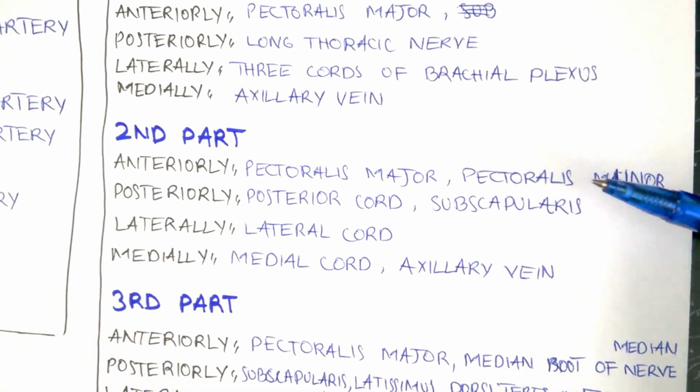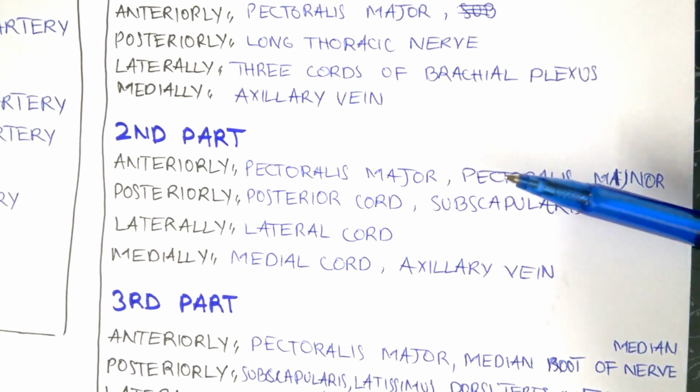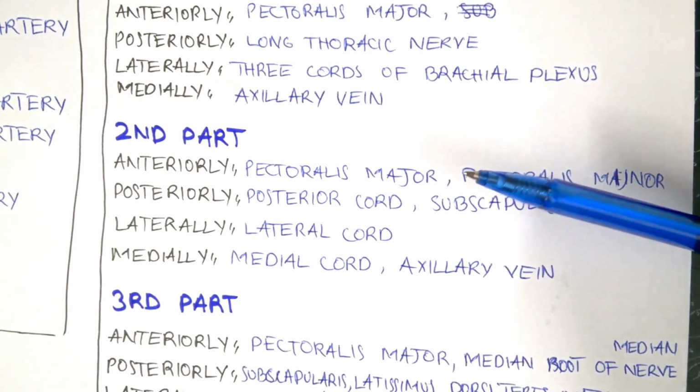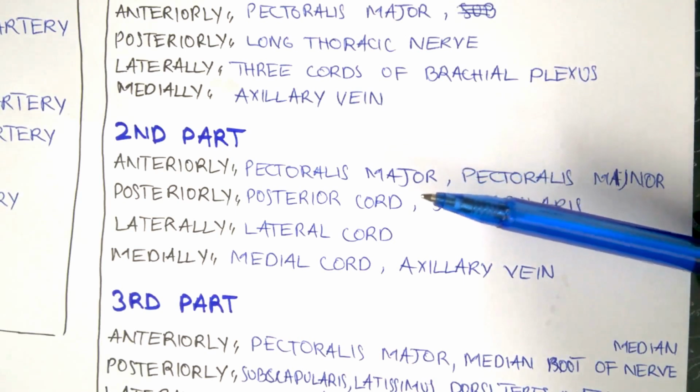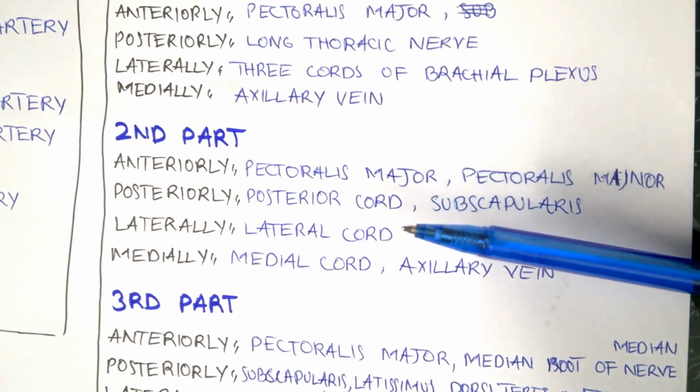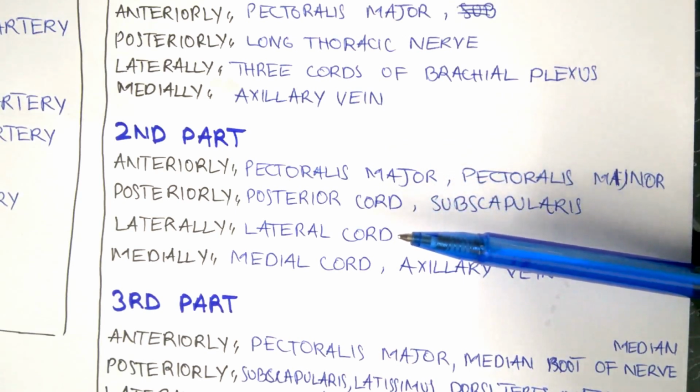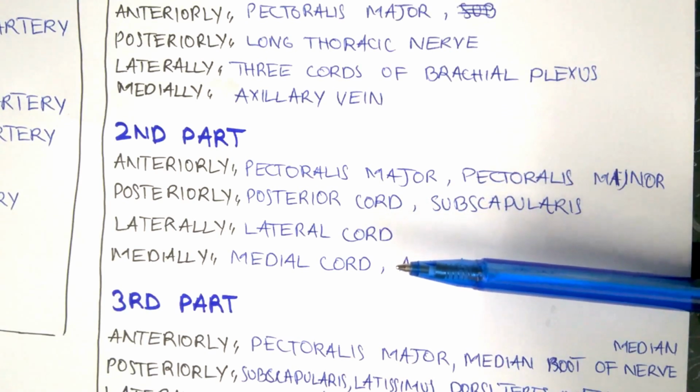Now in the second part, the three cords of the brachial plexus gain their names by lying at their respective sides of the axillary artery. For example, posteriorly there is the posterior cord, laterally there is the lateral cord, and medially there is the medial cord.